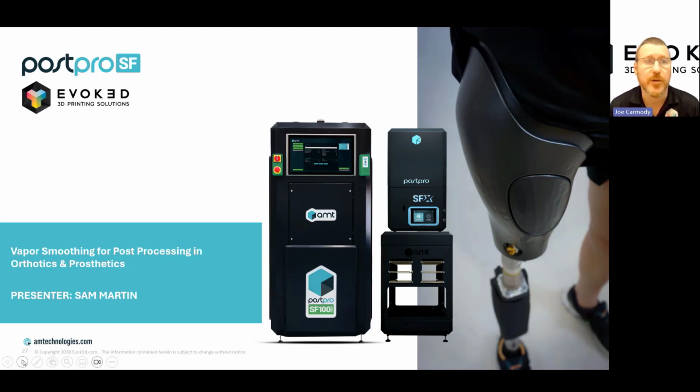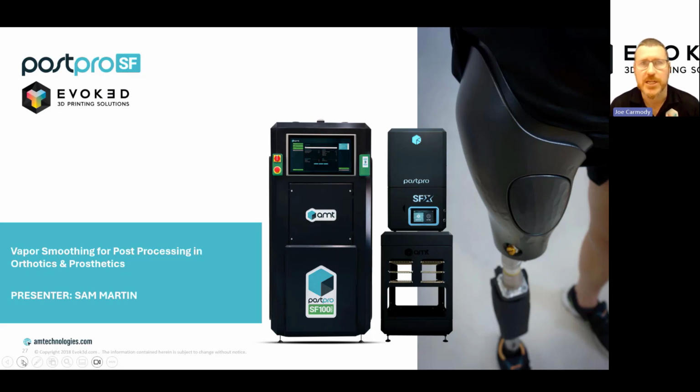Now, I guess we're moving on to the dessert course with Sam Martin. Sam's the Global Application Engineering Lead for AMT, AM Technologies Post-Pro. Sam's based in Cyprus. He has a degree in engineering and a comprehensive technical background across many industries.